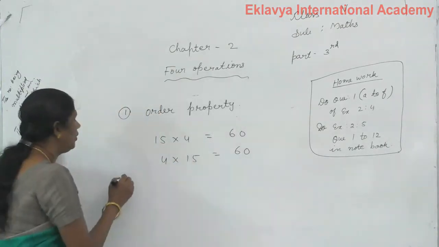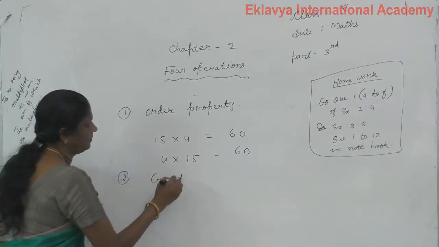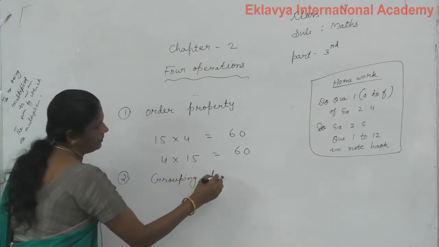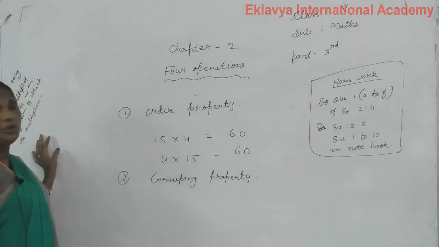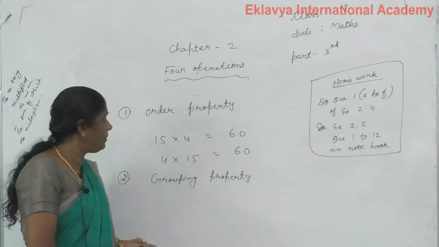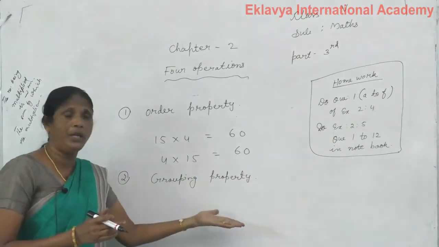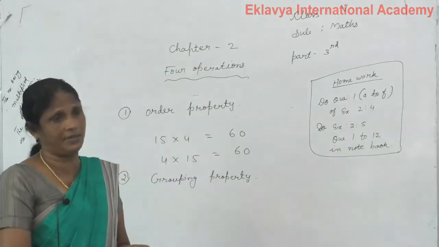Second, grouping property. Three or more numbers are grouped in any order, the result is not changed.